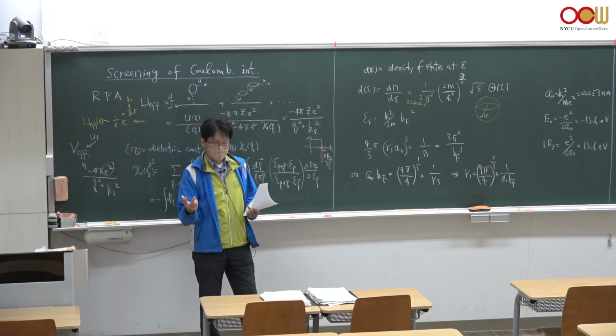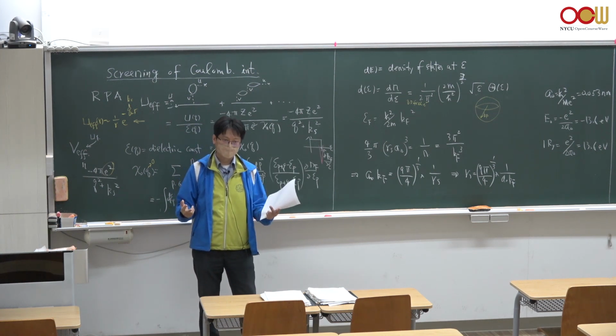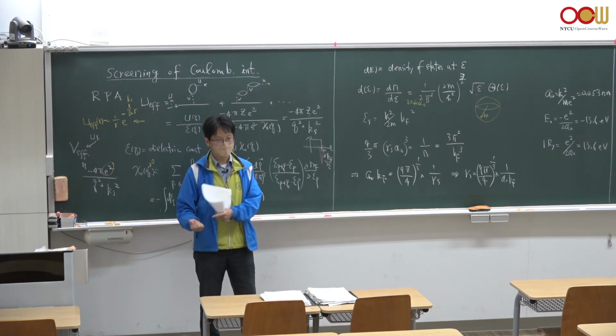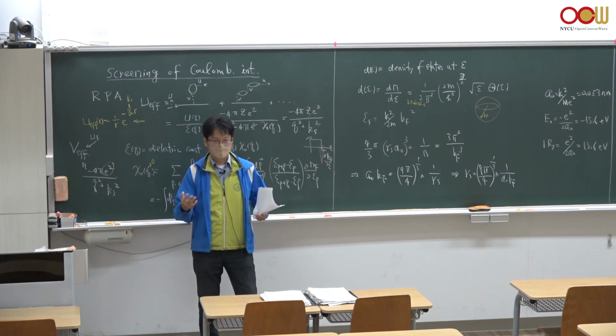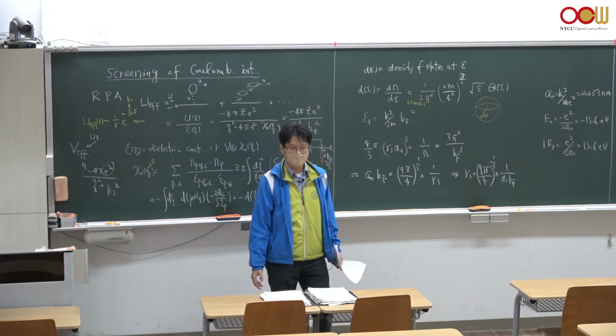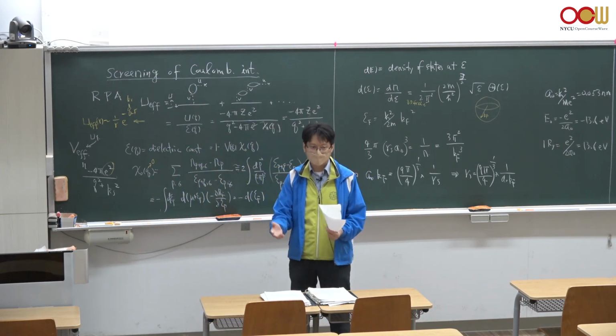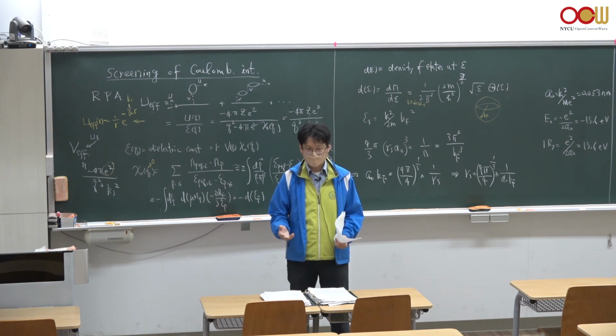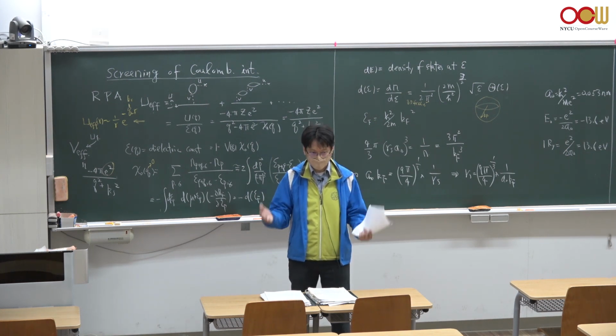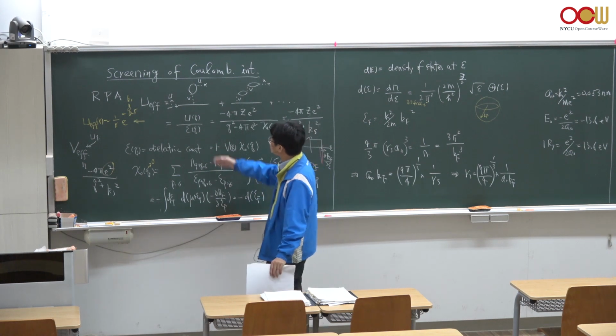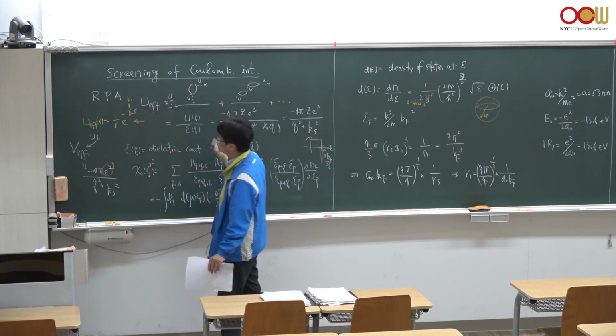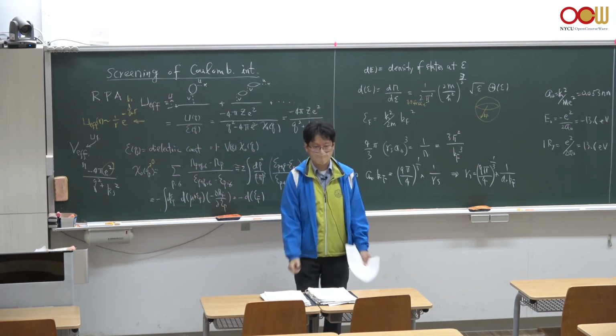Namely, U modifies V, and V modifies U. So this is what I call mutual interference, and the way that they interfere with each other is precisely through this RPA type of ring diagrams, exactly the same way.